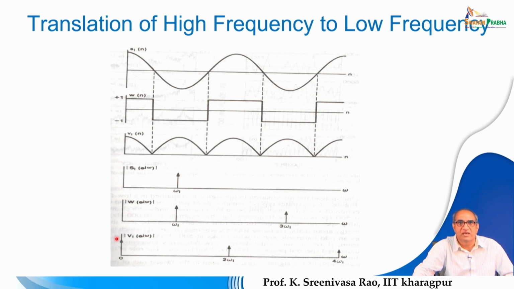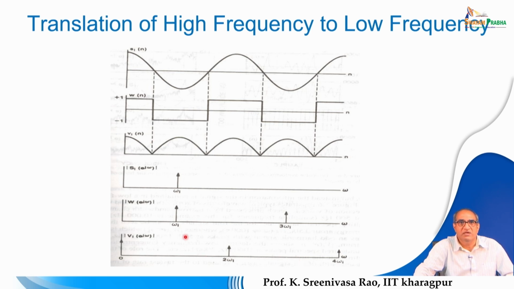and then if you shift one of the signals at intervals of 2 omega 1, you can get some overlap. The last plot corresponds to the spectrum of the outcome of the nonlinearity.